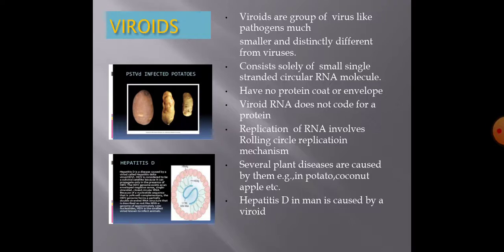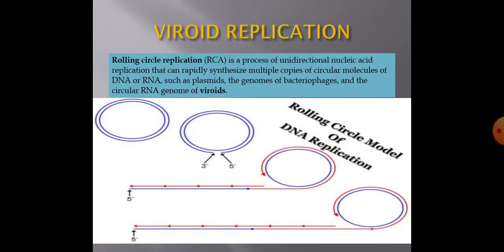Several plant diseases are caused by them, so they are mostly plant pathogens, for example in potatoes, coconut, apples, etc. Hepatitis D is the only disease caused in man by a viroid. So this is how viroid replication occurs, by a mechanism called rolling circle replication.